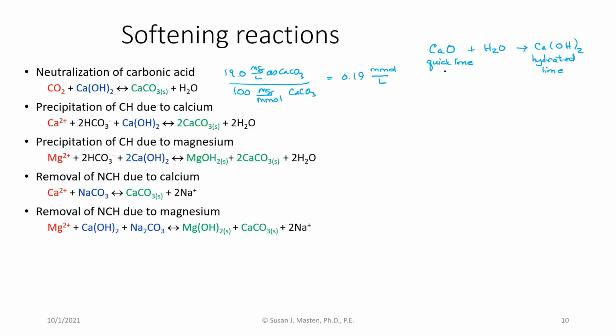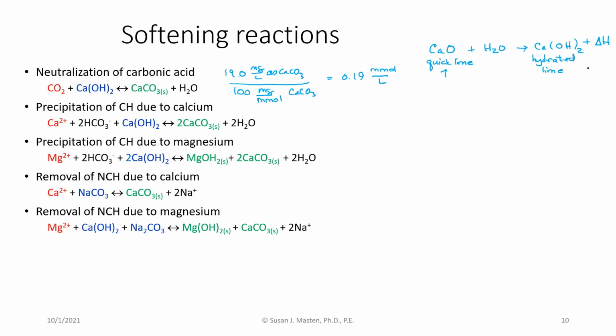So this is what we would purchase. This is also an exothermic reaction, so it gives off heat. So typically this is done in a controlled environment, with significant ventilation to remove that heat, and significant protection to protect someone from getting burned because of the heat that's released.